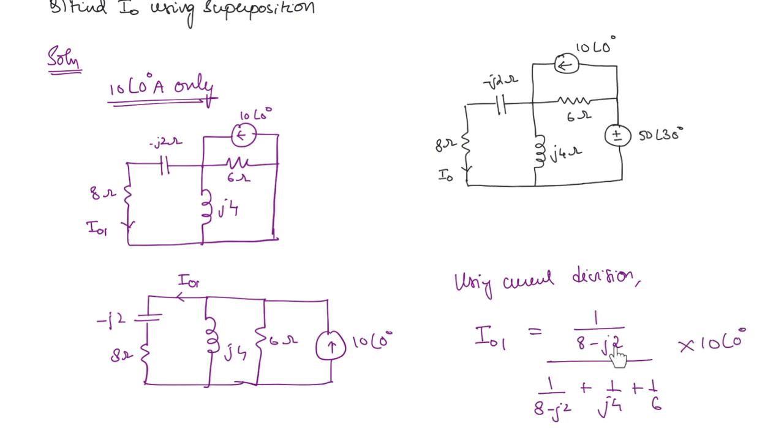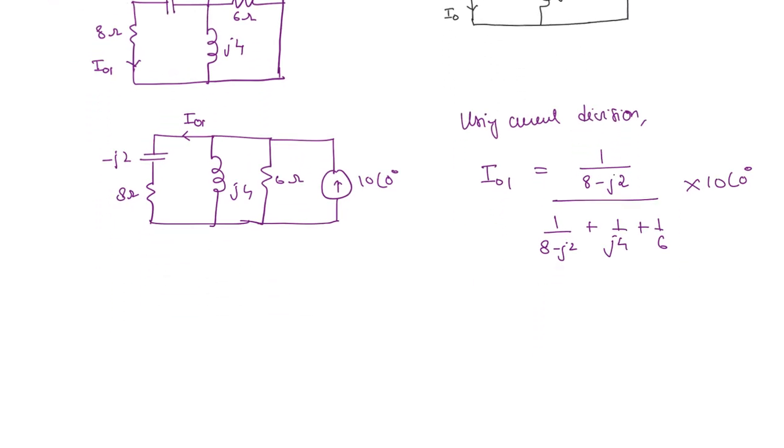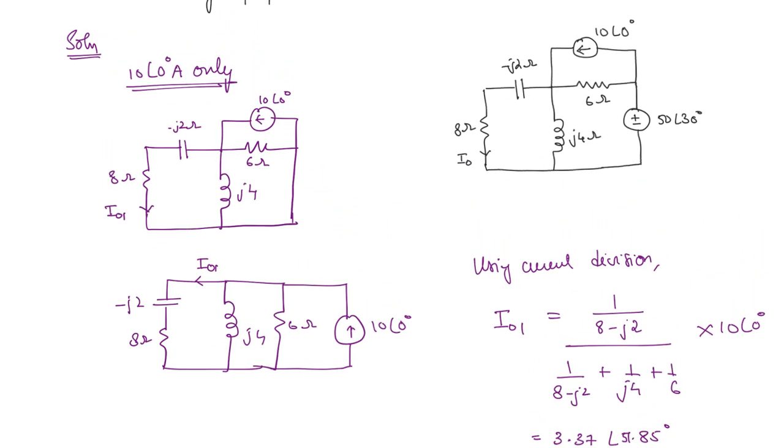If you convert these into the magnitude form, then it will be easier to solve because here you have division. The final answer you will get is 3.37 angle 51.85 degrees.